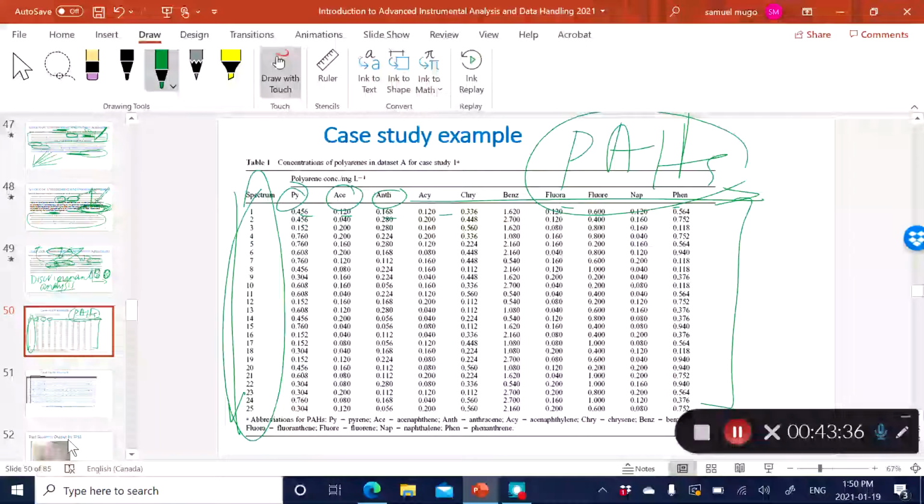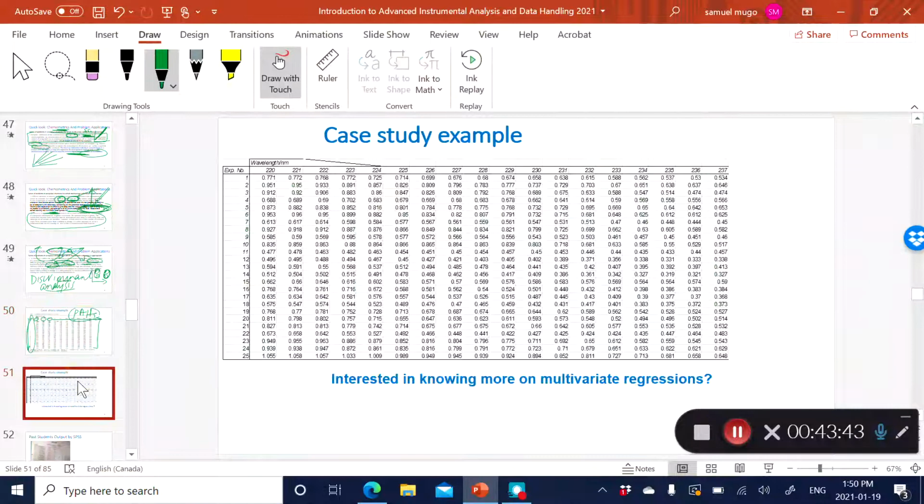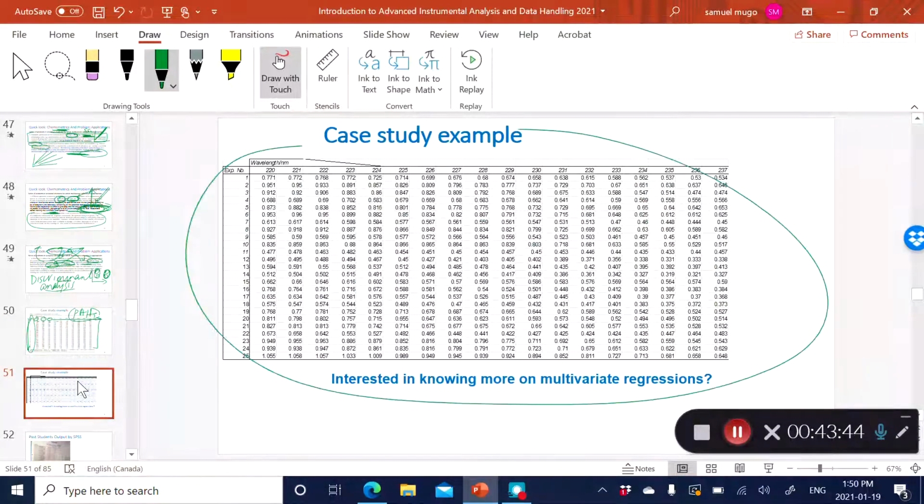You can see that I've run them on the instrument and they've given me this type of data set corresponding to those concentrations.